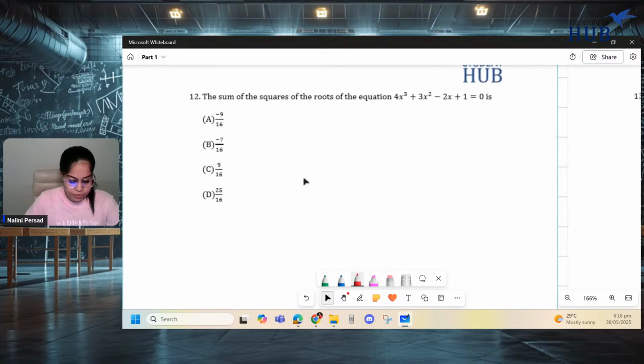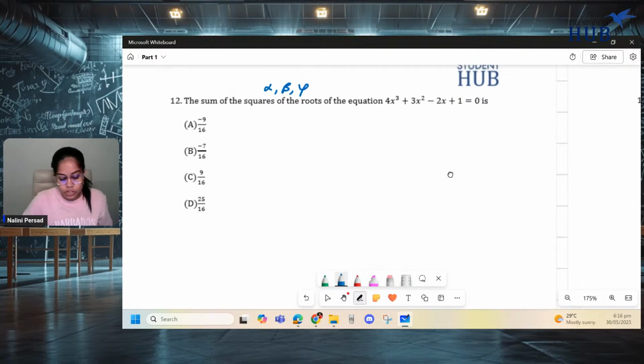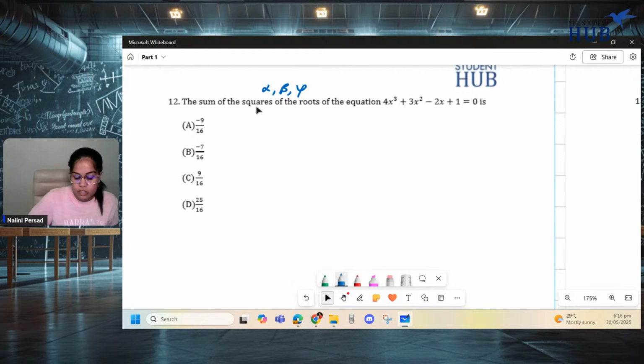Question 12. The sum of the squares of the roots of this equation is, all right, this is a cubic equation. So for a cubic, we have roots alpha, beta, and gamma. Those are your roots. We want the sum of the squares.